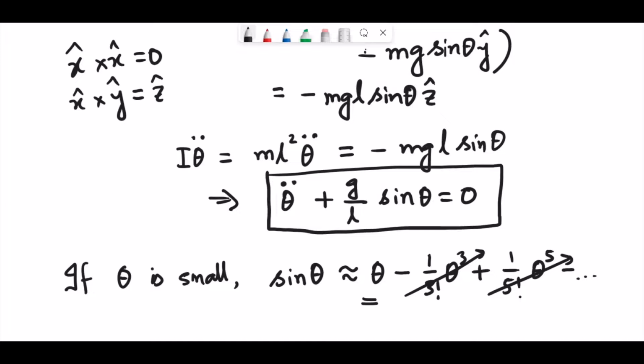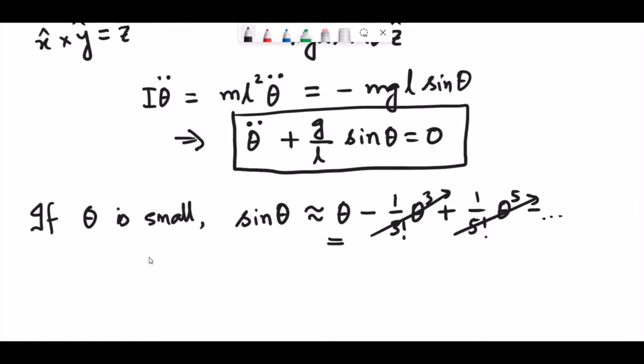So then, if we do that, the equation of motion becomes theta double dot plus g divided by L theta equal to 0. This is exactly like the equation for simple harmonic motion that we found earlier.